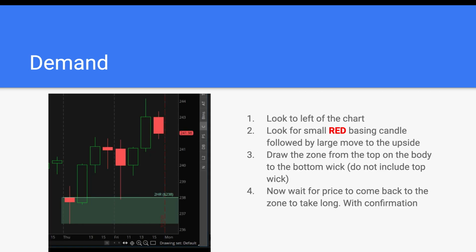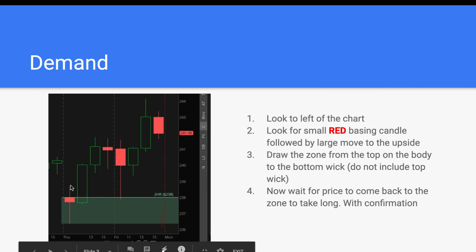So if we want to look at what demand is, you look at the left of the chart from your current price, and you're looking for a red basing candle. So you want a red candle followed by a big spike in a green candle, and you want this candle to be a small bodied candle. You don't want it to be this big red candle, all body with no wick.